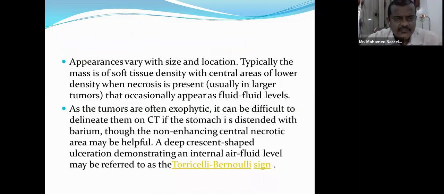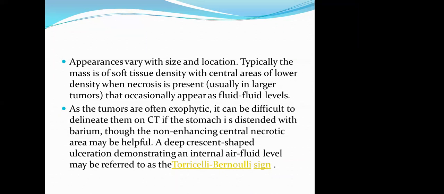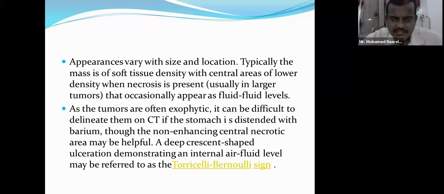Typically, the mass is of soft tissue density with central areas of lower density when necrosis is present, because of its huge size and failure of blood supply to the center of the tumor, failure of angiogenesis. This necrosis will take place, and on that occasion it appears as fluid levels.